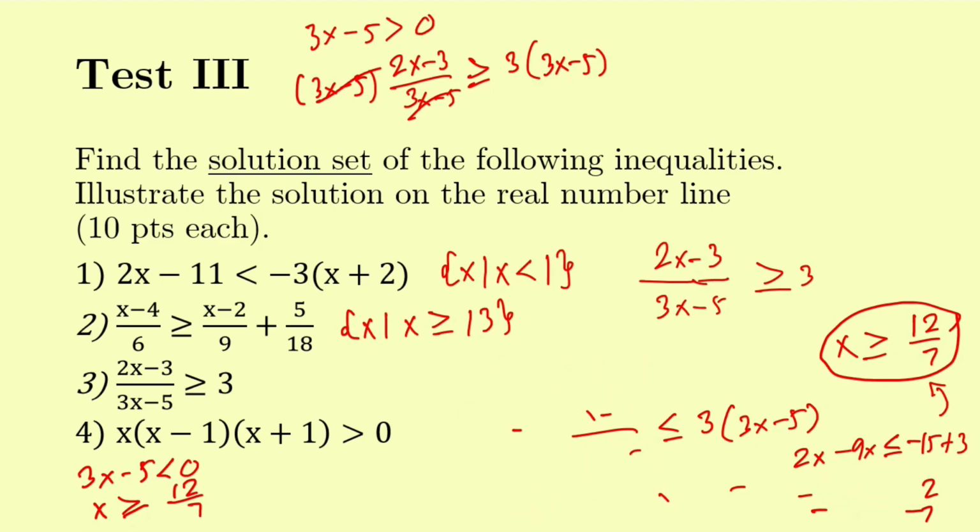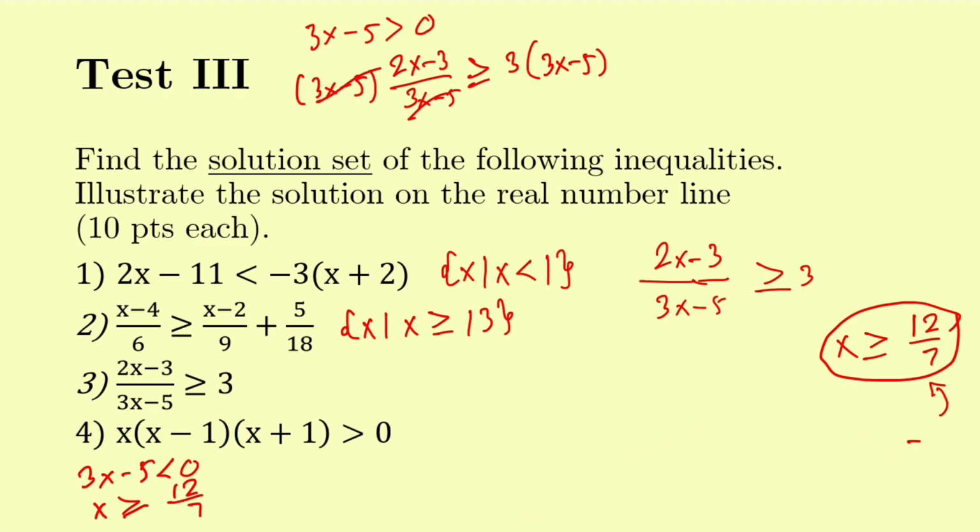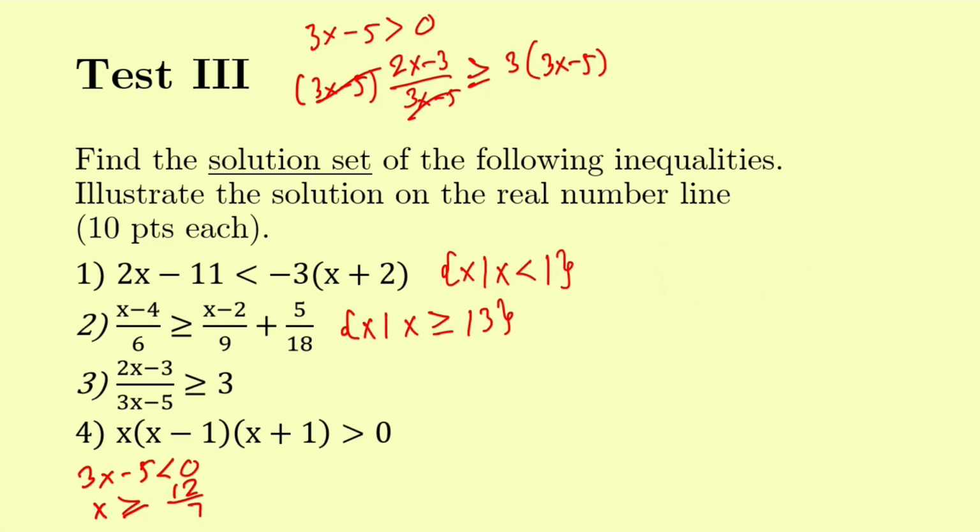Kung saan positive si 3x minus 5, magiging 2x minus 3 is greater than or equal to 3 times 3x minus 5. 2x minus 3 is greater than or equal to 9x minus 15. Okay?